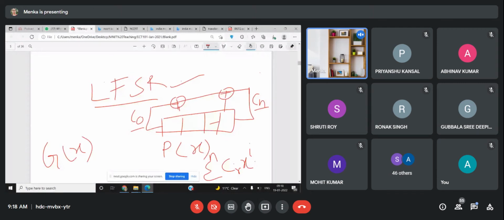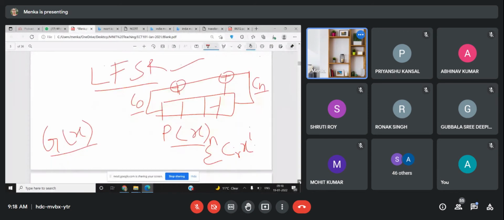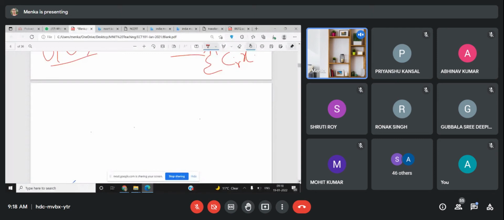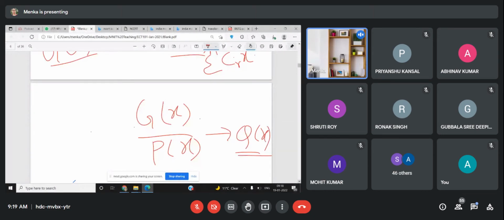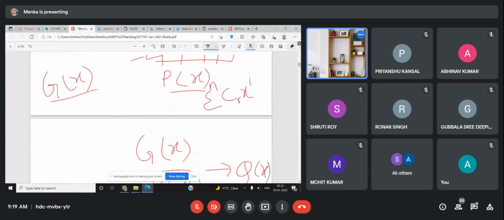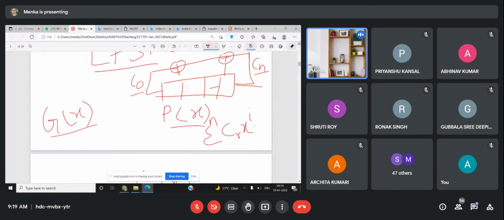Okay. So this was your gx, this was your px. So the standard way of calculating the signature is like this. You will just do gx divided by px mathematically. Whatever you get, that is your qx. So that's the quotient that will be there in the output. In the LFSR, you will have one bit output that will appear after the number of cycles plus 1, the number of flip-flops plus 1.